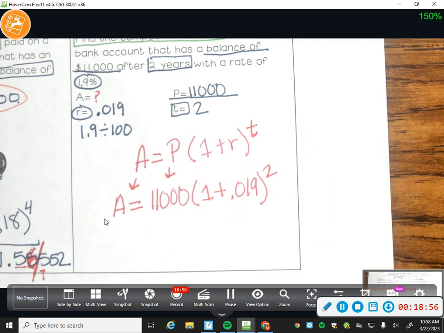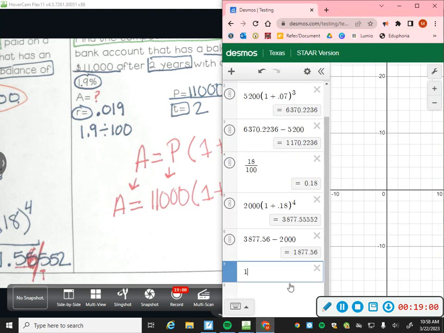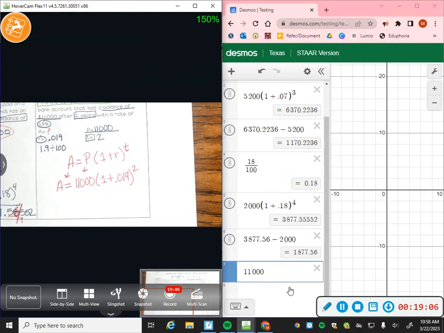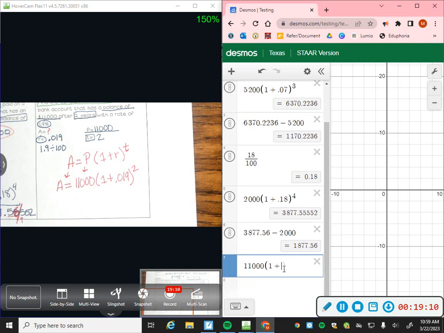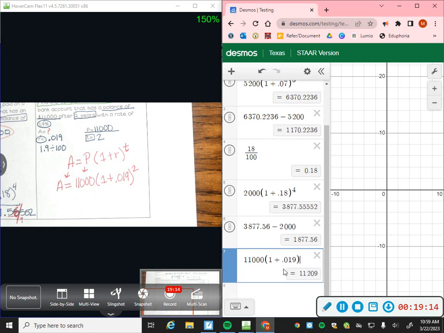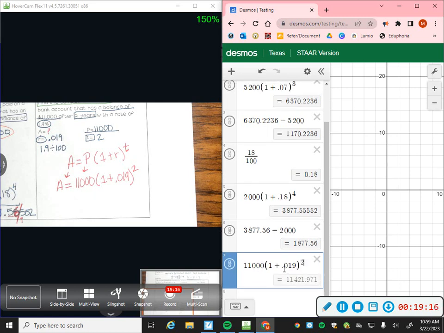After that, we just type this in on the calculator. 11,000 times 1 plus 0.019 raised to the second power.